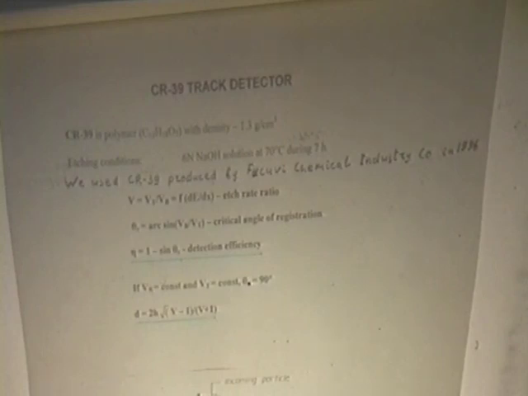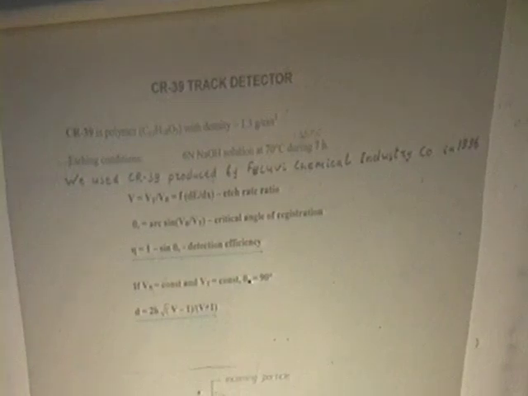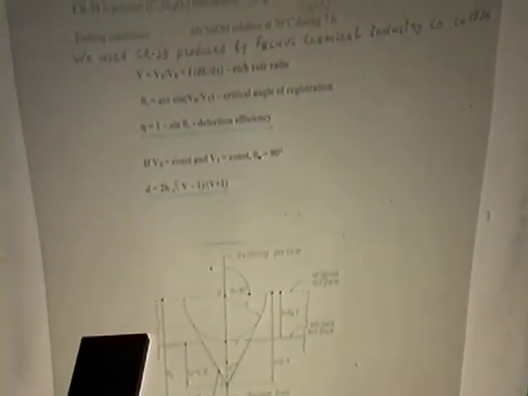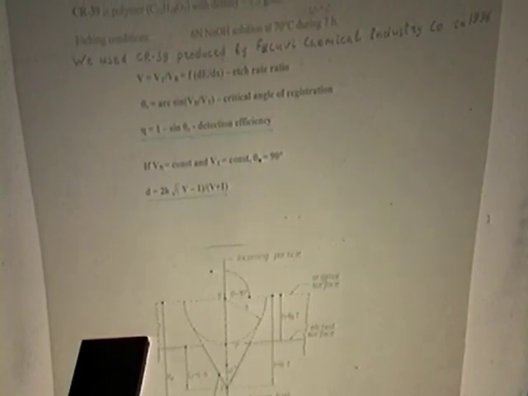After exposition, the detector was etched in 6 normal sodium hydroxide solution at 70 degrees centigrade during 7 hours. After the etching, particle tracks become visible and can be investigated by a microscope.